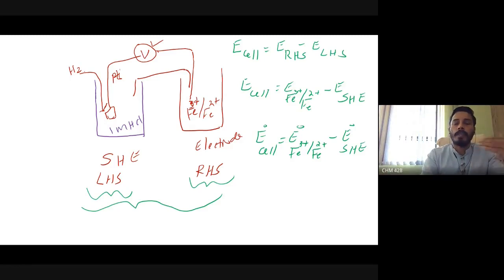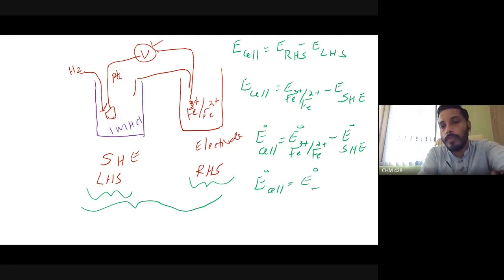For comparative purposes, you can take E0 SHE as 0, since it provides a constant potential anyway. If you take the SHE electrode as 0, this becomes E0 cell equal to E0 Fe3+|Fe2+.